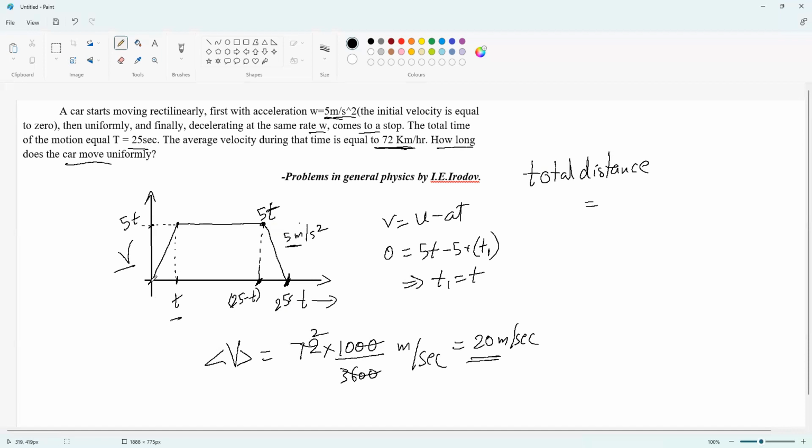So the total distance will be equal to half into t into 5t, plus 5t times the length of the rectangle, which would be 25 minus 2t. So this will be 5t times (25 minus 2t), plus here again half into 5t times t.